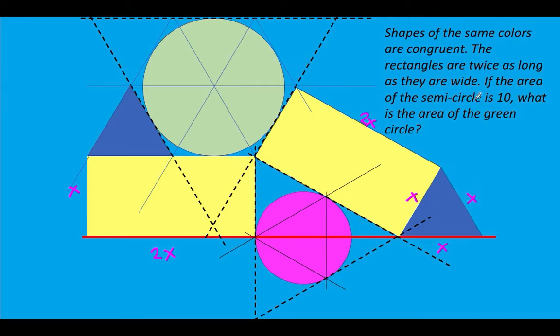Now you might be asking, it is not given that this triangle is equilateral. But notice that if you look at this triangle here, this is a right angle here. With respect to this acute angle, the side opposite it is this height of this rectangle, which is x units, and the hypotenuse is this width of this other rectangle, which is 2x.